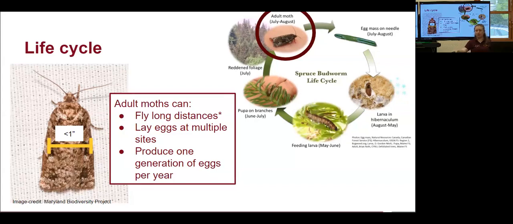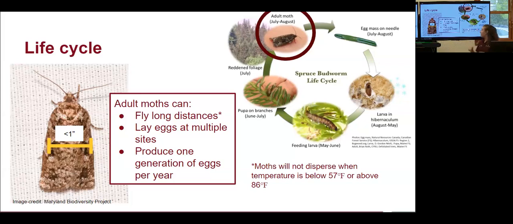So again, they're spreading their population and expanding their range. And luckily, they can only produce 1 generation of eggs per year, but again, they can still lay those eggs at multiple sites. And they are temperature sensitive, so they will not disperse below 57 degrees or above 86 degrees. So there is some seasonality and temperature sensitivity there.